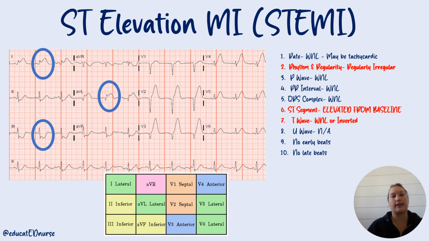If you look down at the bottom, leads 1 and AVL mean that the patient is having a lateral ischemia. So when you're looking at the different areas of the heart, the lateral side of the heart is where this particular patient is having a heart attack. Again, you don't need to memorize it, it's just nice-to-know information.